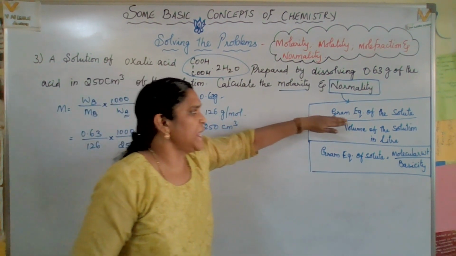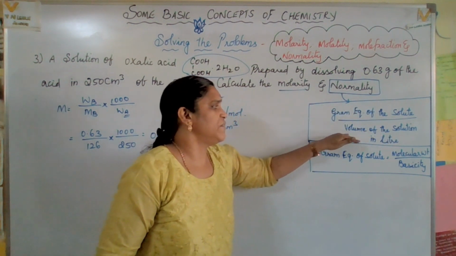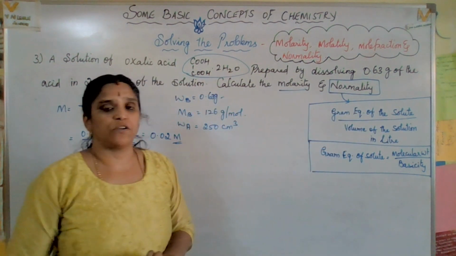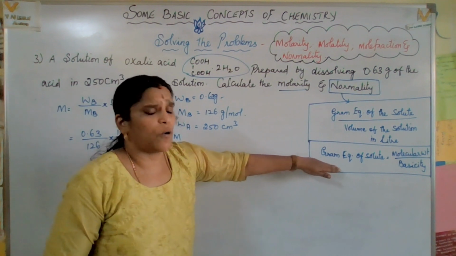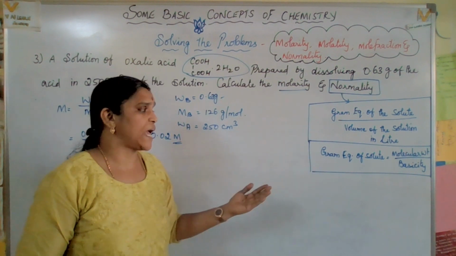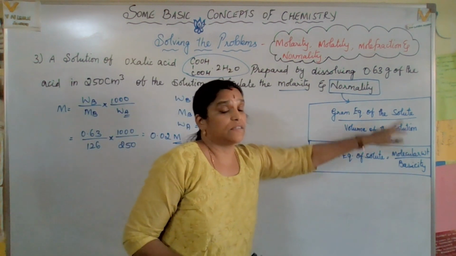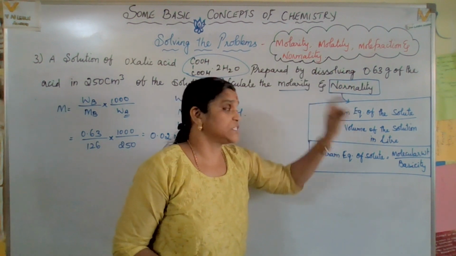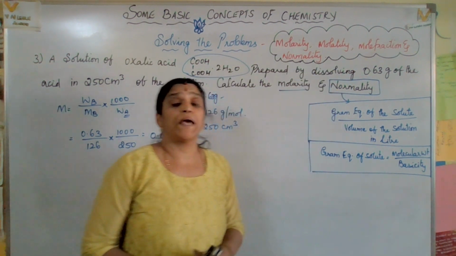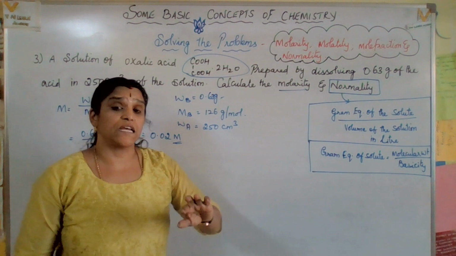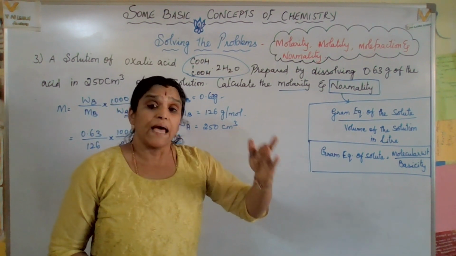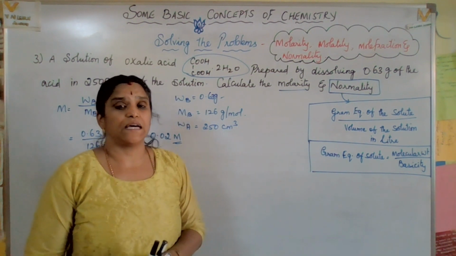How to calculate it? Molecular weight of that substance divided by basicity. Basicity means the number of H plus ions present in the molecule.